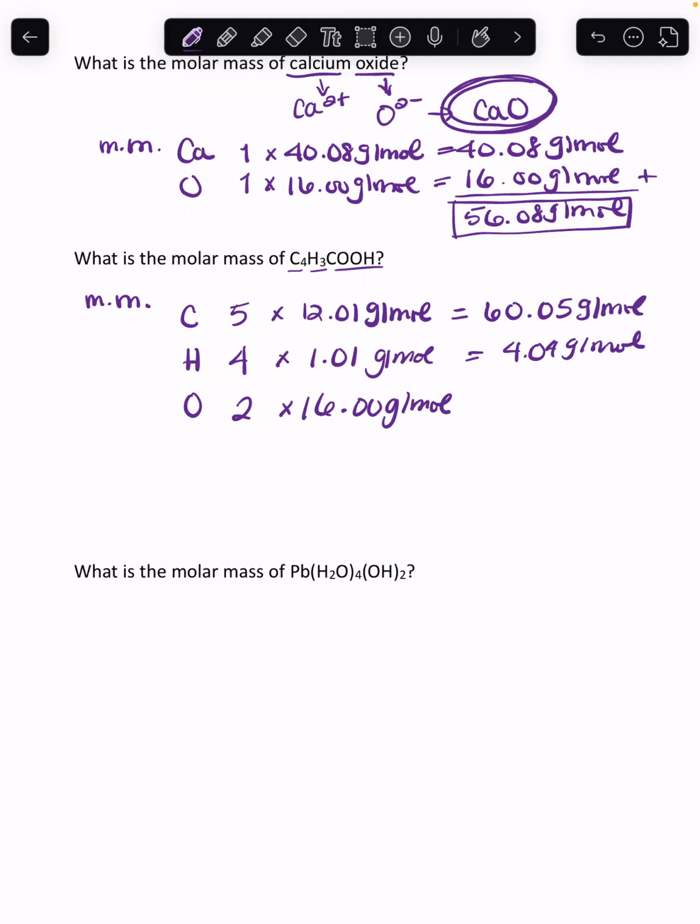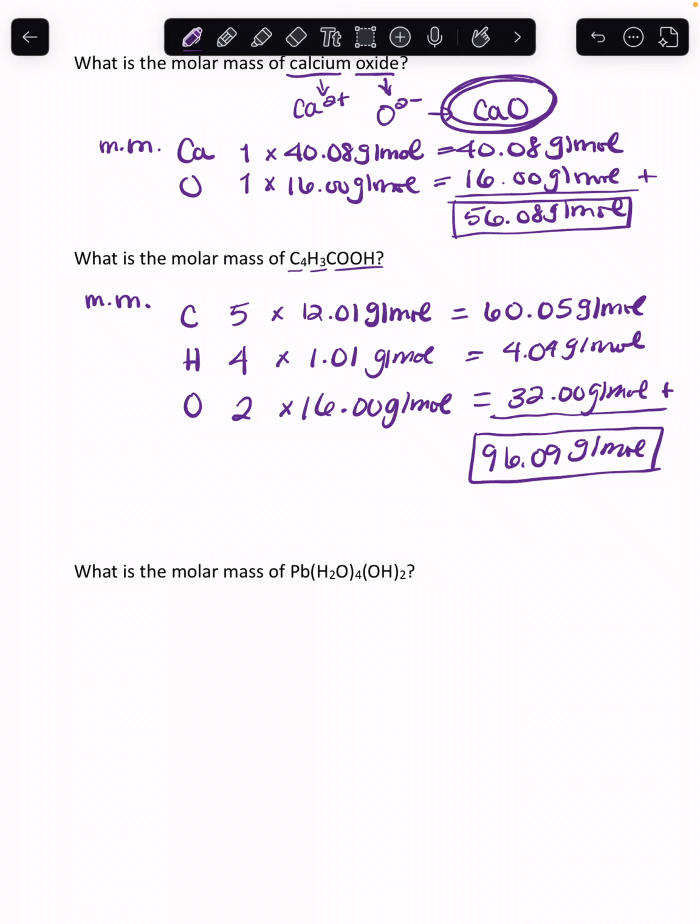We've done this one so many times already. Multiply it by 2, 32 grams per mole. When I add these all together, I'm coming out with 96.09 grams per mole as the molar mass. Ta-da! As long as you know how many of each element are in the compound, you should be good.